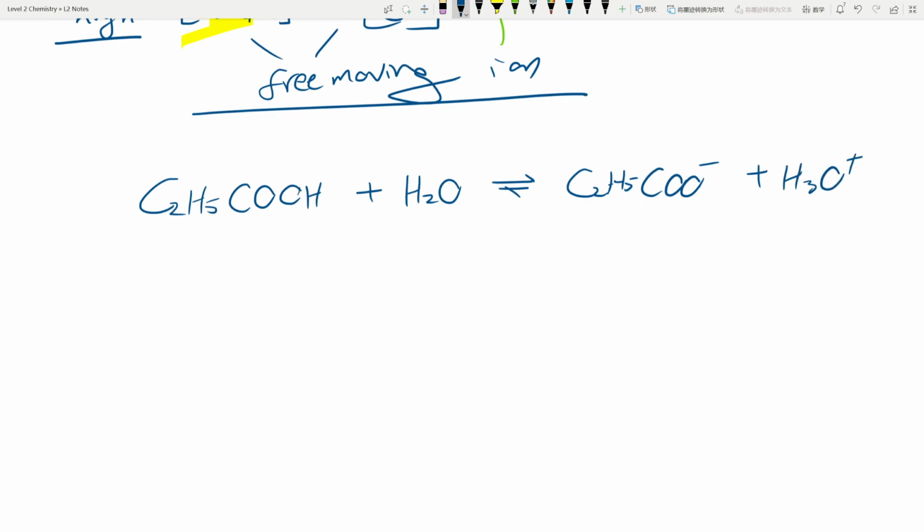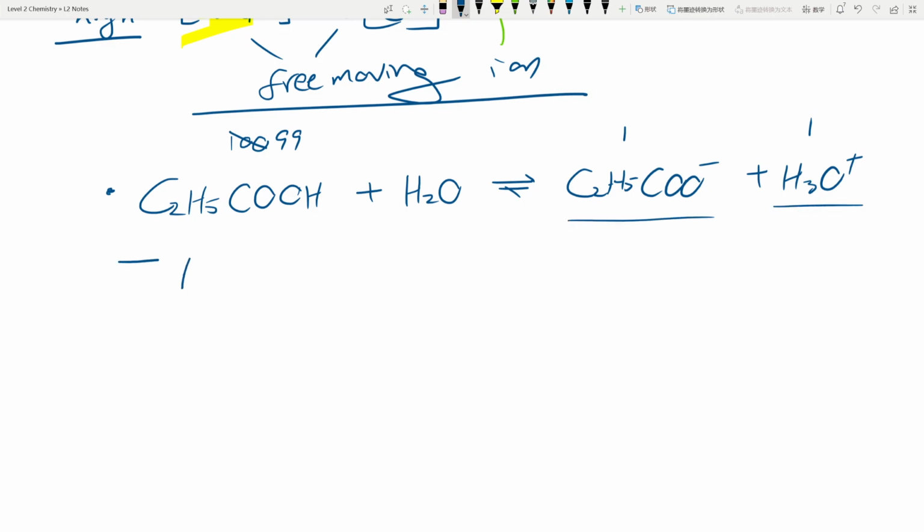Now this is only one step of dissociation. Like I keep mentioning, using mathematical numbers to remind you, say if I had 100 molecules of this, only one of it will dissociate into that, and then you have 99 of that sitting here. So you can see that you're only producing a very small percentage of these ions.